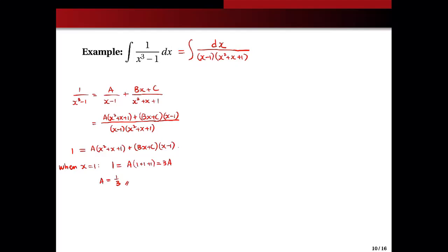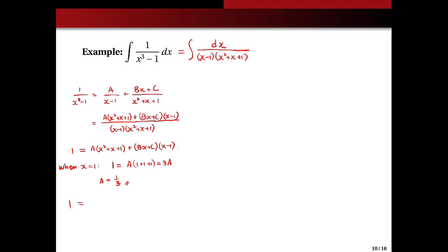And then if we try other values, this guy here will never be 0. So just like before, we'll just replace this a with 1/3, and then we try to solve for b and c. But unlike before, this is what we're going to do.